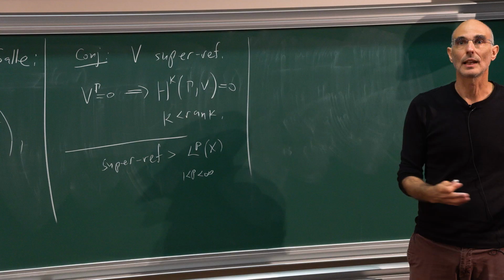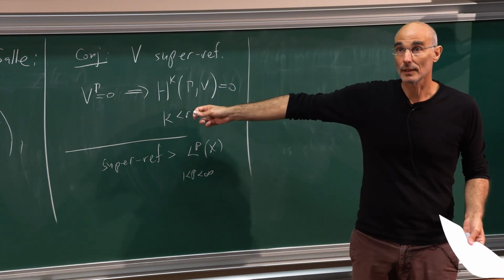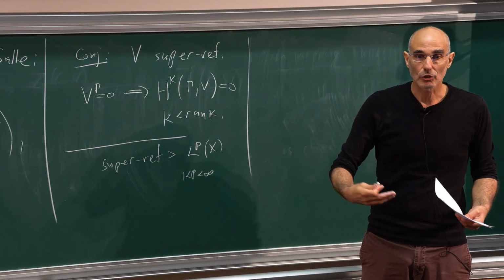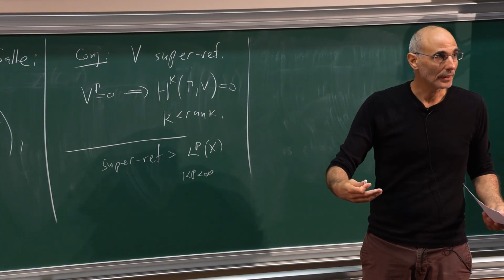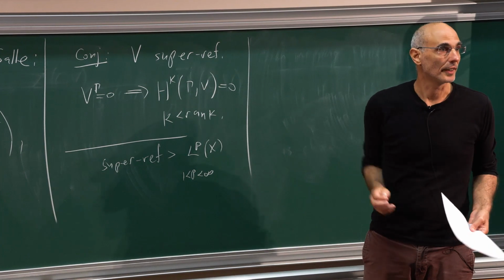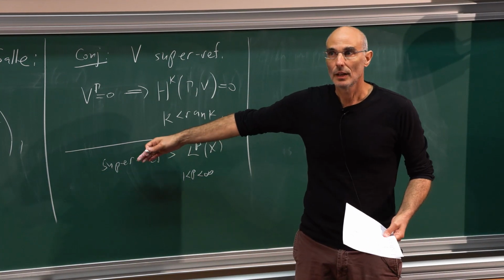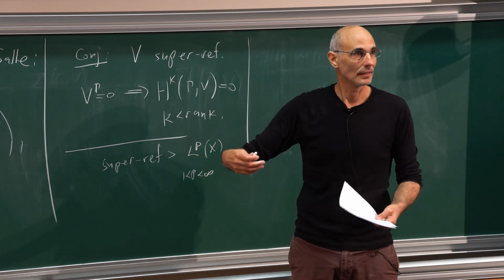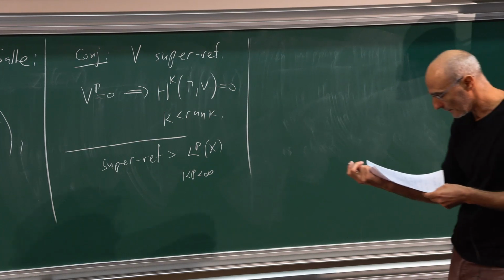But this class is not stable under taking ultra limits, ultra powers, and the subclass that is stable under taking ultra powers is the super reflexive. So reflexivity is actually shown by some finiteness properties. Super, in Banach space theory, is a property that is stable. A superclass is a class that is stable under taking ultra limits, basically.